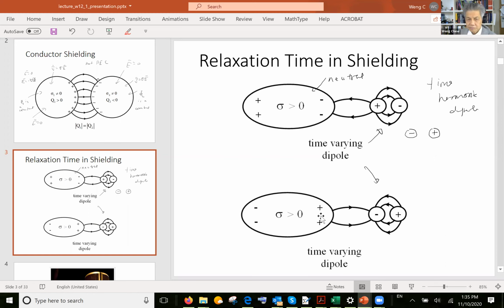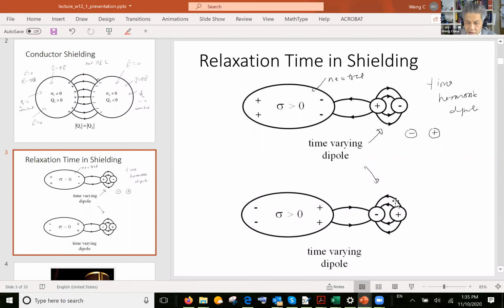In other words, when this dipole is time varying, the charges must be able to move back and forth between this conductive material in order to follow the change of the signs of the dipole here.